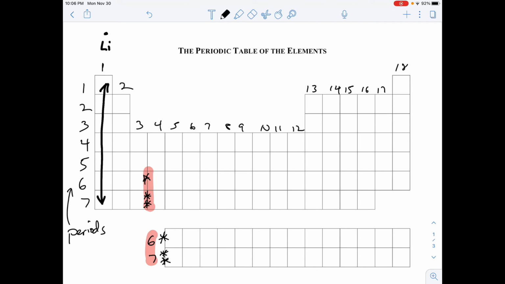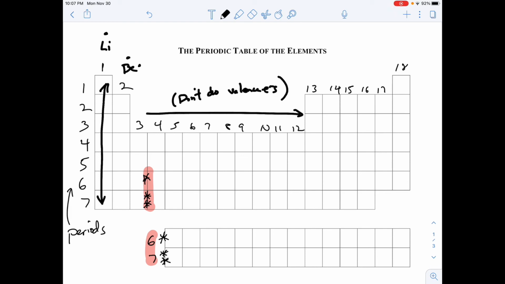That means that in this next column, family, everybody has two valence electrons. Now, we don't do valence electrons for 3 through 12.